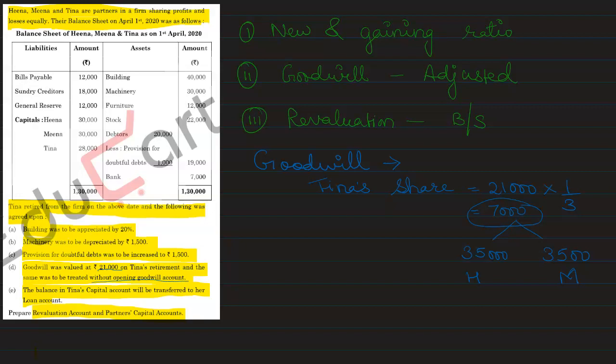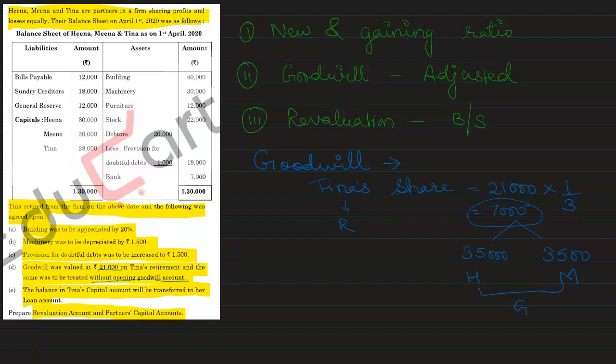Now simply think of the entry, forget what the treatment of goodwill says. Simply think, Tina is the receiver, Hina and Meena are the giver. Receiver and giver. So we have to make the entry according to that.